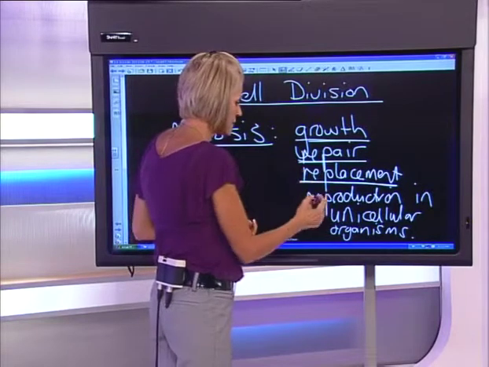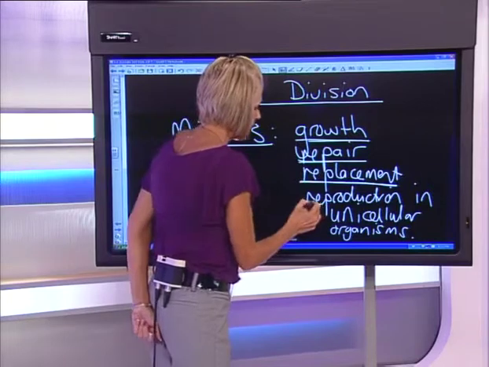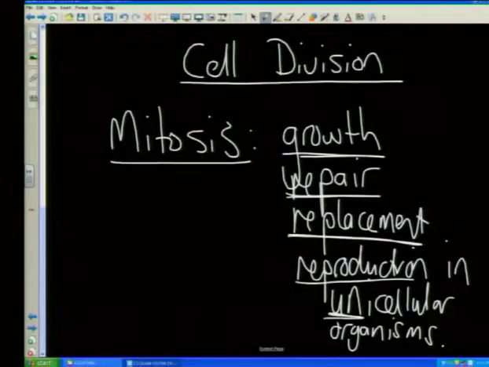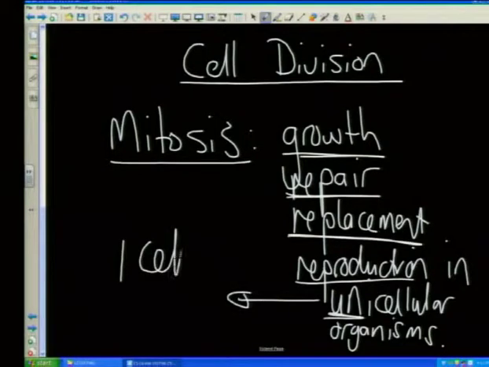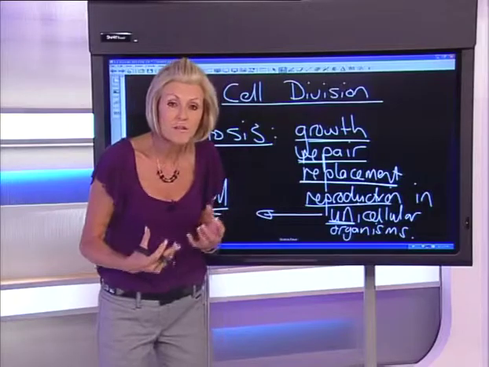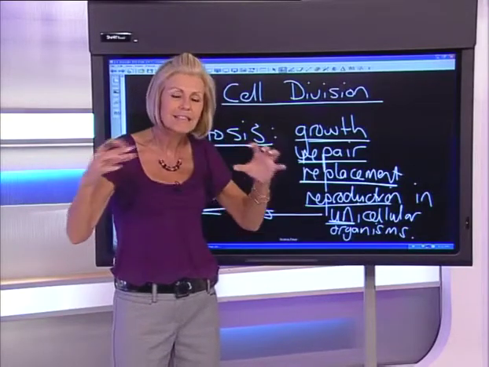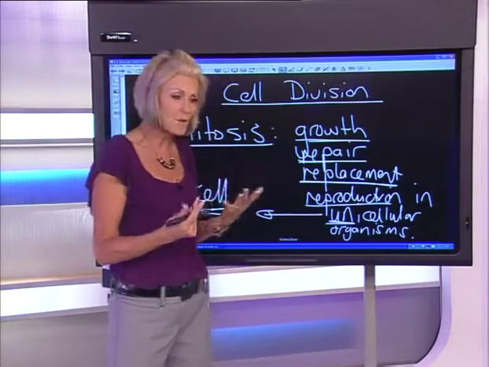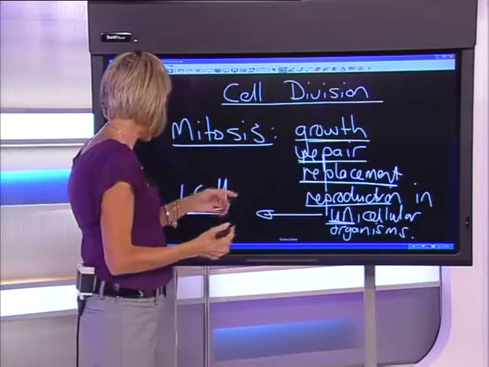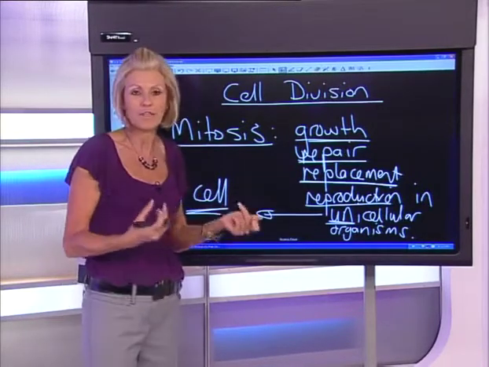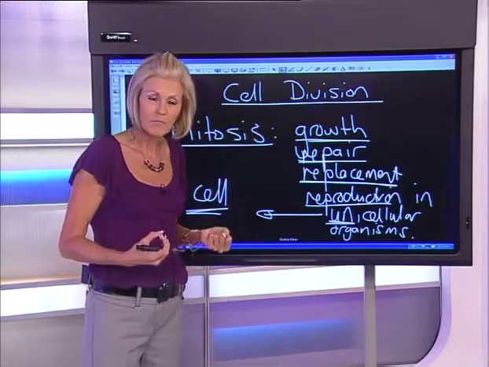So replacement, and then, now look at this, it's reproduction in unicellular organisms. Unicellular means one cell. If we have lots of cells, we say it is multicellular. We are multicellular. But if an organism only has one cell, it can't have a reproductive structure, okay?